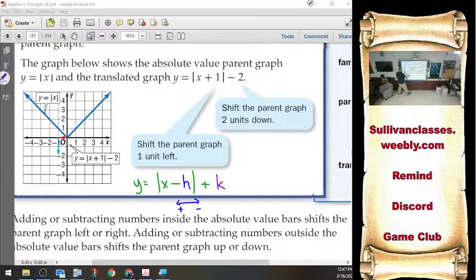And the K, just like with our parabolas, it's outside of, not parentheses anymore, it's outside of brackets. And it's regular land. If it's positive, you go up. If it's negative, you go down. That is your holy grail right there.